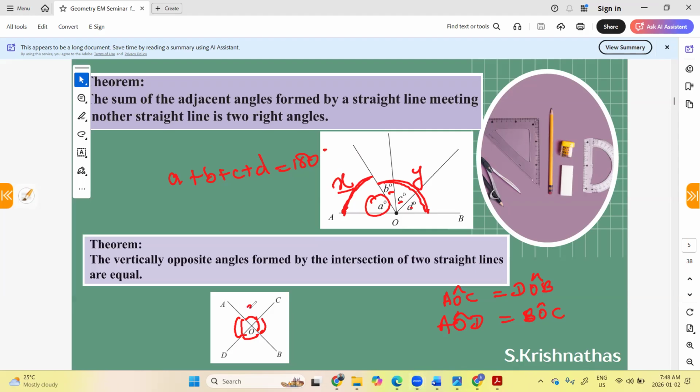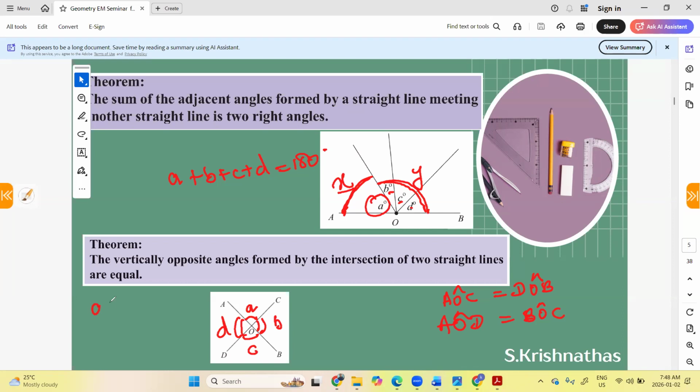I mention A, B, C, D. How to prove that A is equal to C, students? For the proof, you can use the earlier theorems and axioms. Our first theorem is that the sum of the angles on a straight line is 180 degrees.